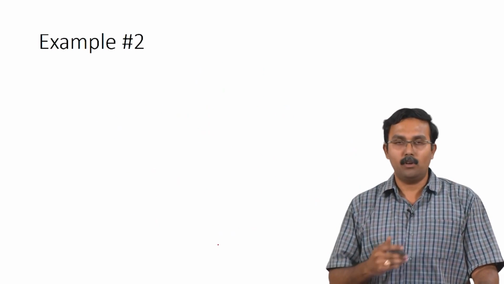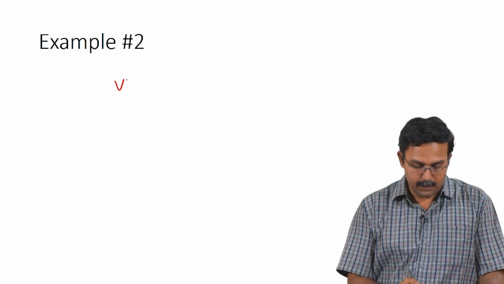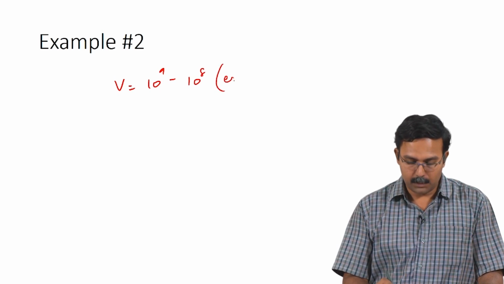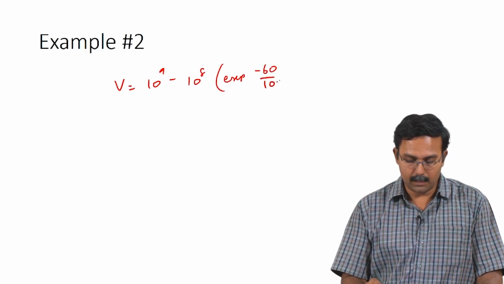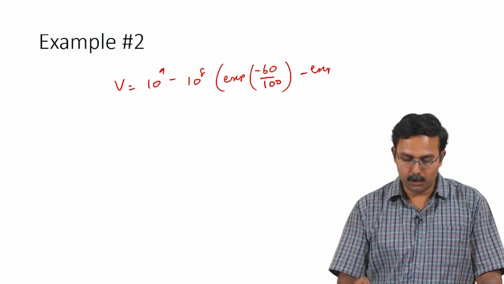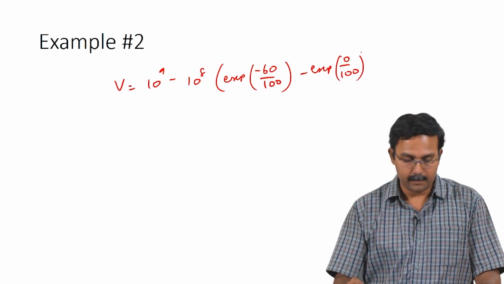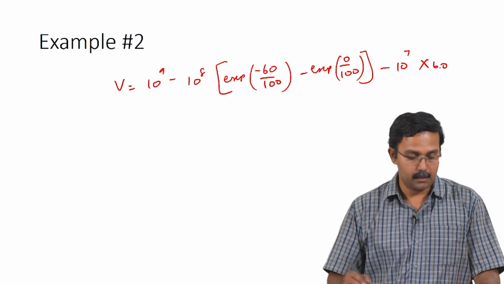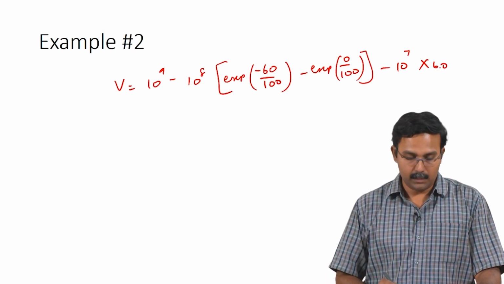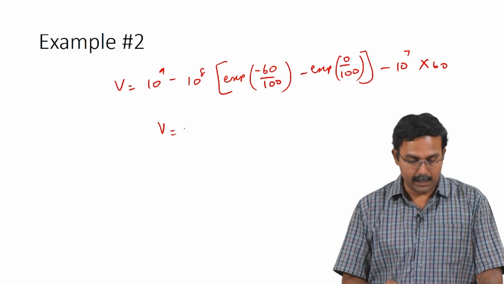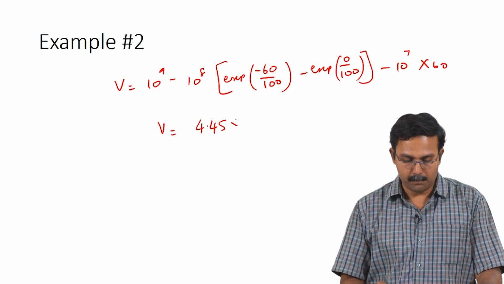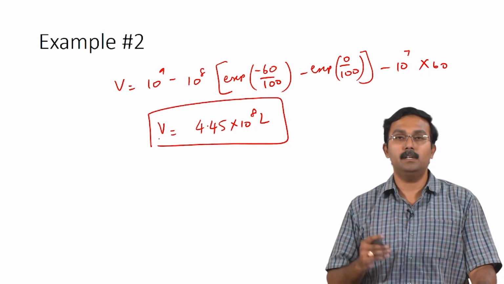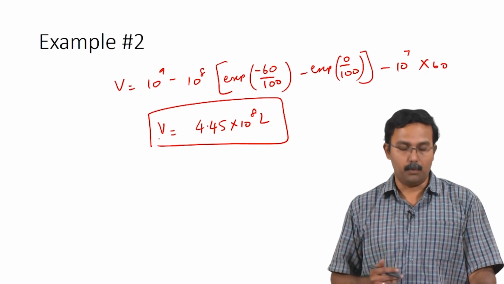By applying the limits and solving, we get V equals 10^9 minus 10^8 times [exp(-60/100) minus exp(0/100)] minus 10^7 times 60. You can solve this equation and you will get the value of V as 4.45 times 10^8 liters. So, this would be the final volume of the reservoir after 60 days of drought.